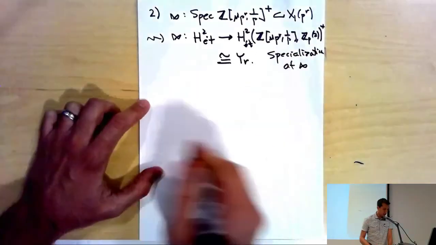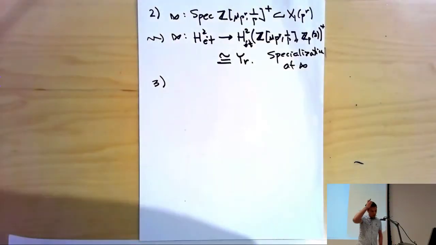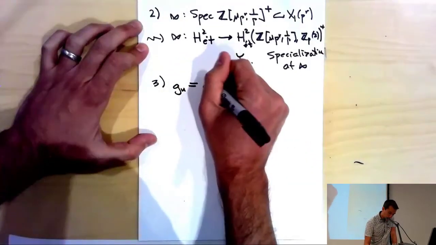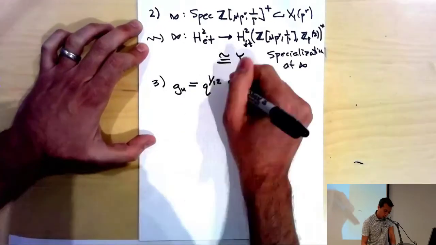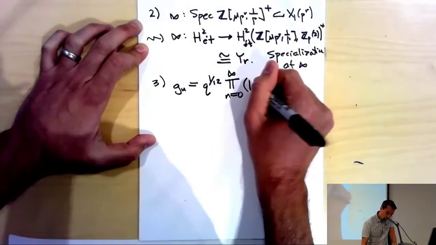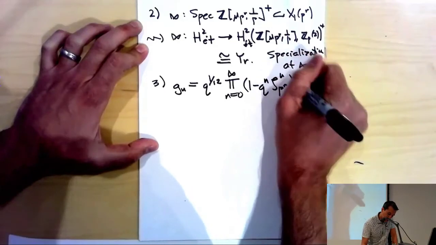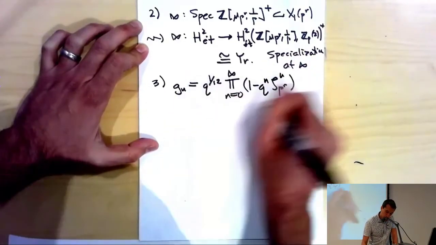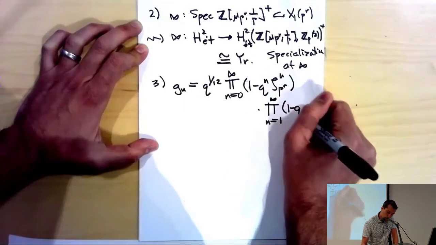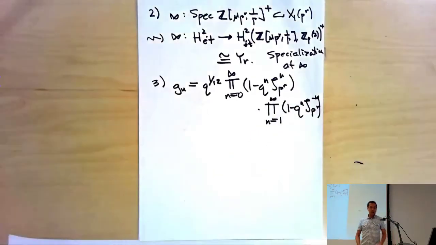And I guess the third thing is, what does it do to cup products of Siegel units, right? So remember that q-expansion, actually in this case it's a little bit simpler than what appeared in Sarah's talk, which is q^{1/12}, product over n equals 0 to infinity of (1 minus q^n zeta_{p^r}^u), times a term I don't really need, but I can't leave it out, product over n equals 1 to infinity of (1 minus q^n zeta_{p^r}^{-u}). Okay, what happens when I specialize this?